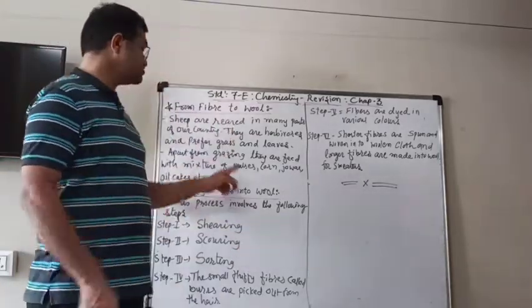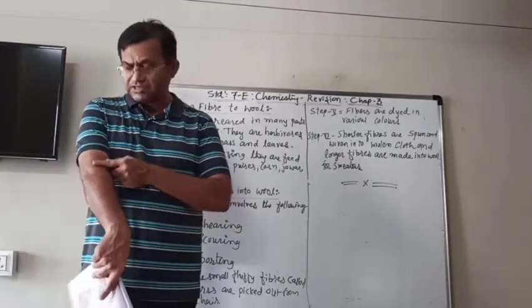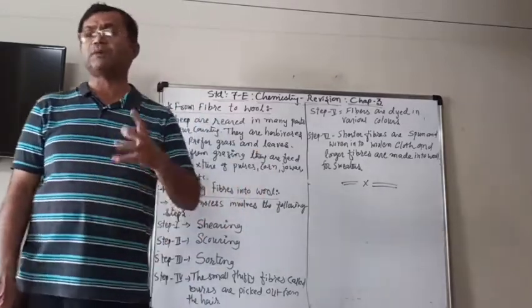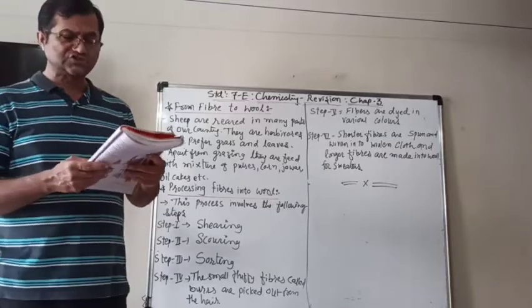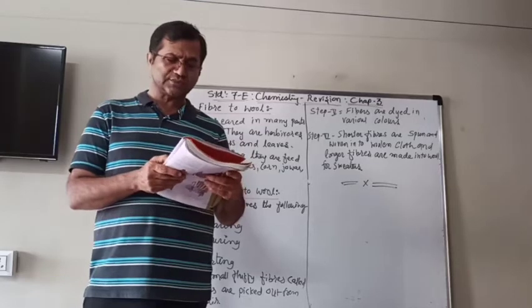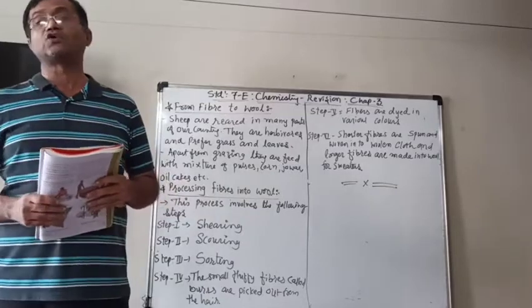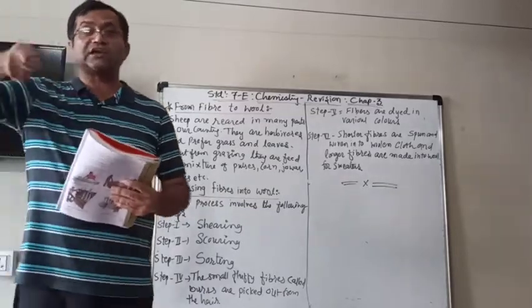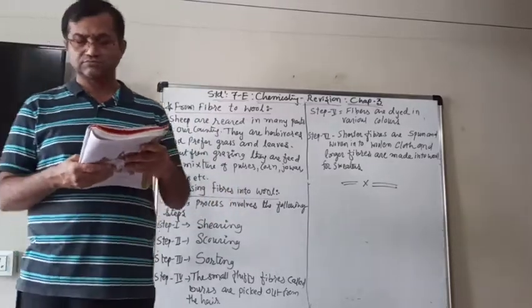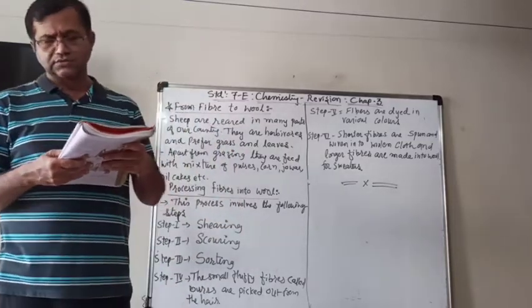So the first step is shearing, in which the hair along with the thin layer of skin is shaved from the body of the sheep or other animals also. Machines similar to those used by barbers are used to shave off hair. When you go to the barber for a haircut, you know that they are using that machine. The same type of machines are used to shave off the hair.